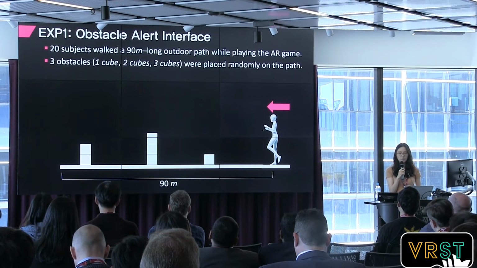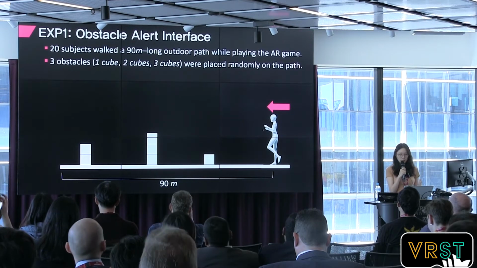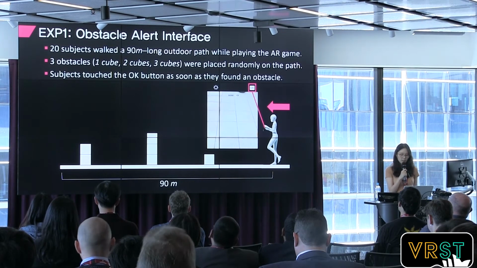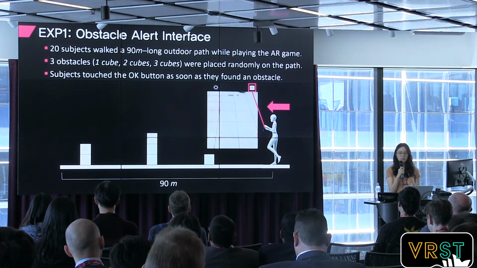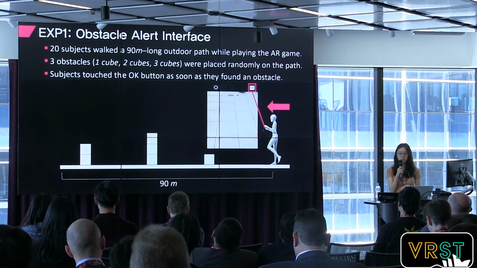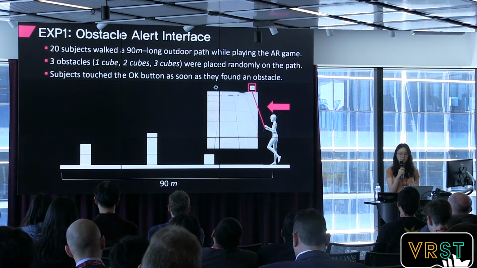There were 3 obstacles, 1 cube, 2 cubes, and 3 cubes, placed randomly on the path, and the subjects were asked to touch the OK button on the upper right part of the screen as soon as they recognized any obstacles. For user safety, of course, the obstacles were made out of safe, soft materials, and the users walked around the obstacle when detected.